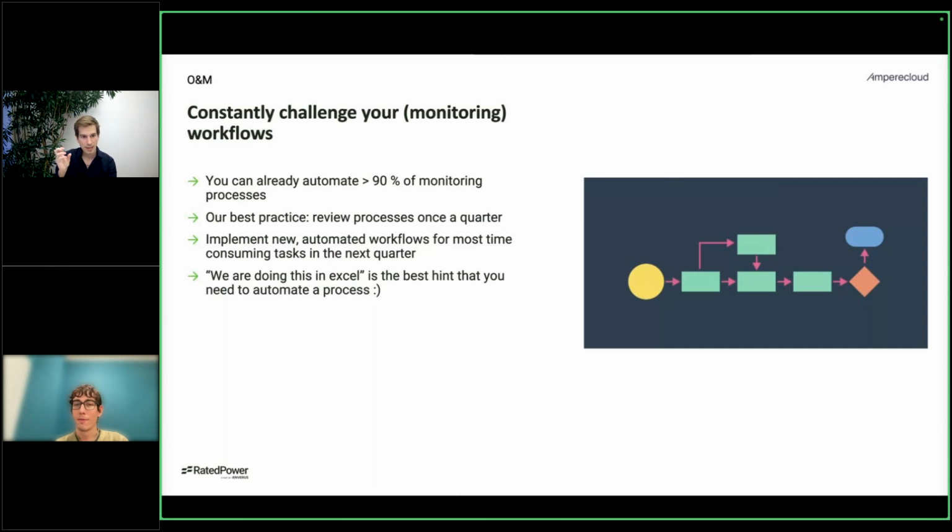So you should start with these low-hanging fruits, and then once your plants and your team are getting more mature, and you get used to the software, we usually recommend once per quarter, you can do that also together with our customer success and our solutions engineers, to look together into your processes and figure out if there is still something that can be automated, where time can be saved, or where mistakes can be reduced and the quality increased.